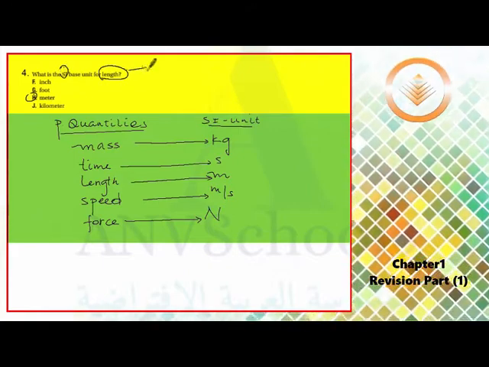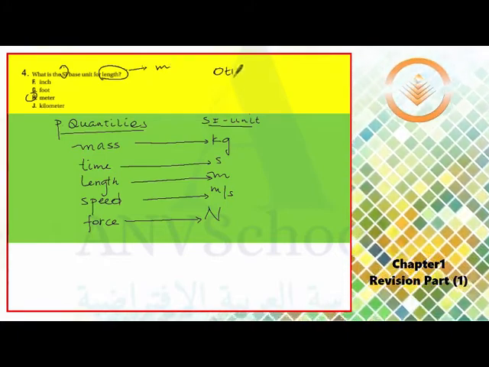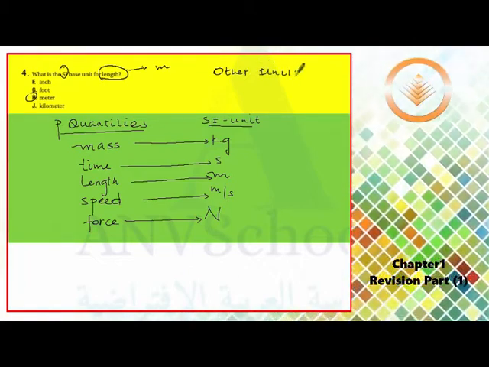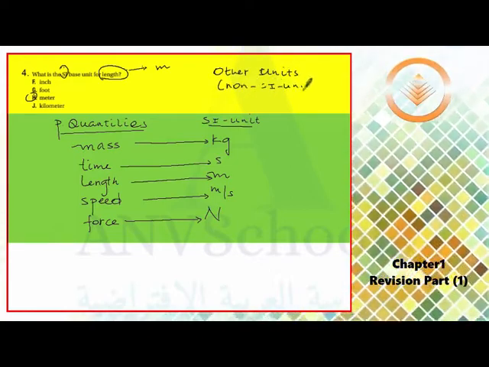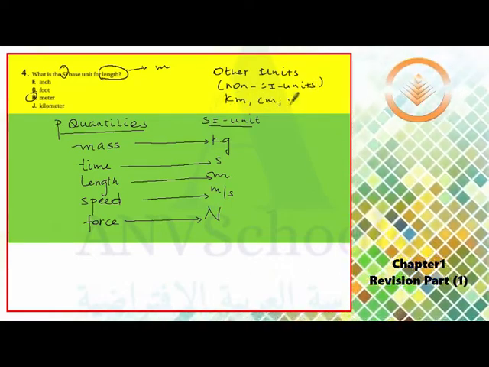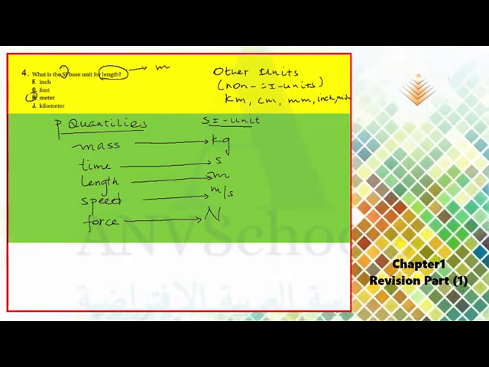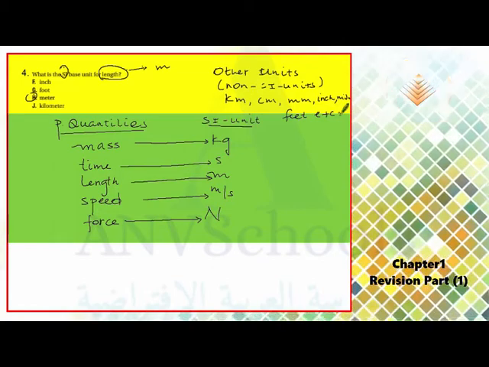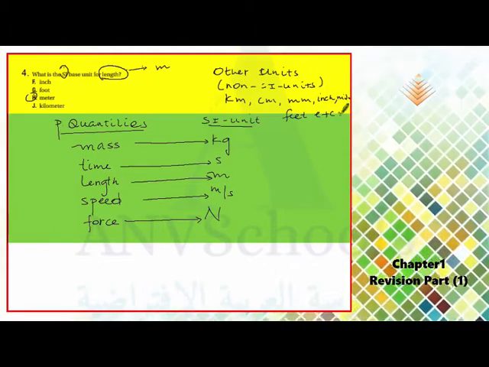So the SI unit for length is meter, but it has other units, or non-SI units. These non-SI units are kilometer, centimeter, millimeter, inch, miles, feet, etc. So each physical quantity has its own corresponding SI unit. That's all what we have.